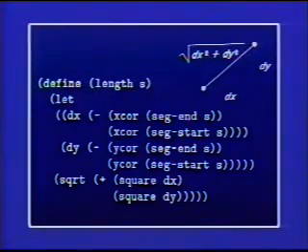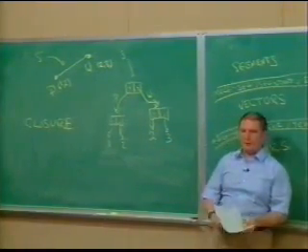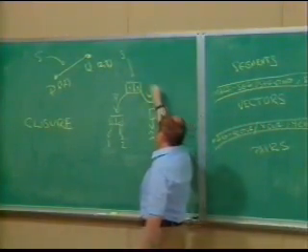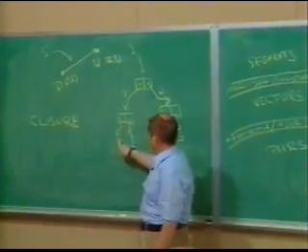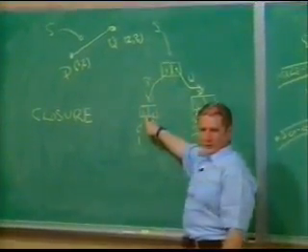I could perfectly well, just like the rational numbers I did before, say, oh, well, gee, a segment really is a pair of pairs. And the x-coordinate of the first endpoint of the segment really is, well, what is it? It's the car of the segment.